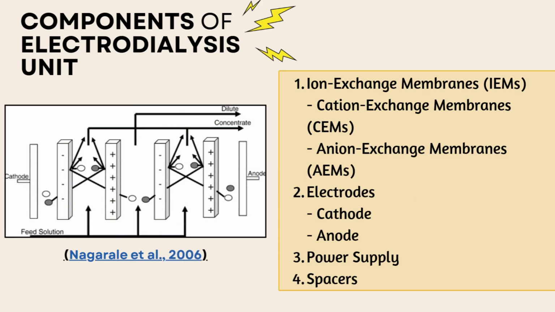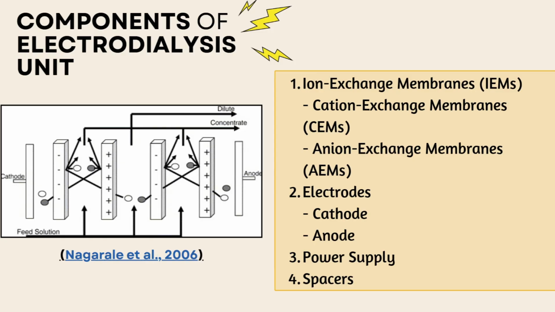Next, let's look at the components of electrodialysis unit. Electrodialysis unit consists of ion exchange membrane, electrodes, power supply, and spacers. Ion exchange membranes are arranged in alternating sequence where cation exchange membranes allow positive ions to pass through and anion exchange membranes allow negative ions to pass through. Next, electrodes.